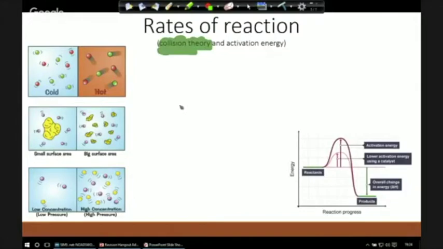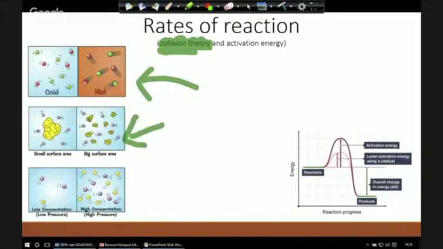Essentially, there are three drawings to the left. The first are our different particles. I know there's actually a different number of particles in here, but the idea is on the left-hand side, these particles are moving slowly. The ones on the right, quickly. In other words, temperature is at play here. In the middle, we've got our surface areas.